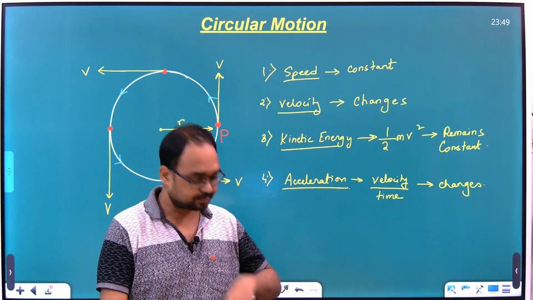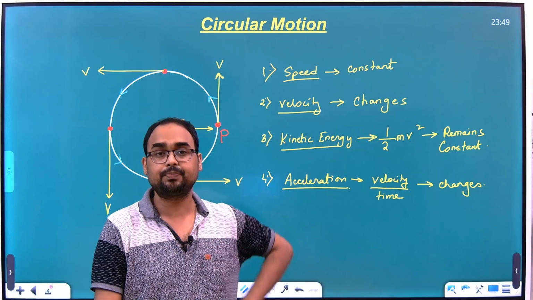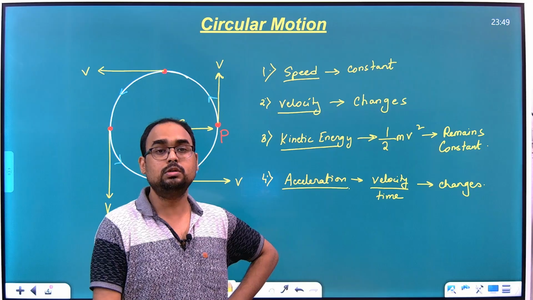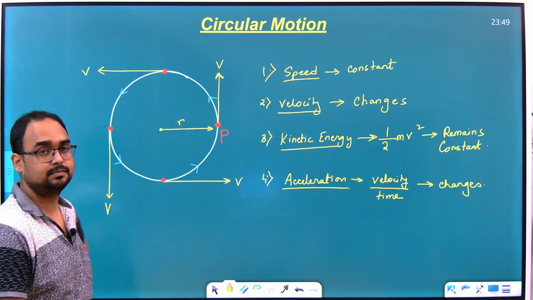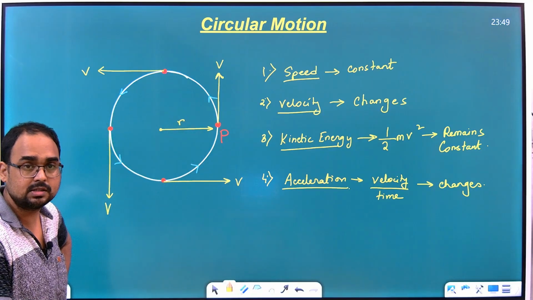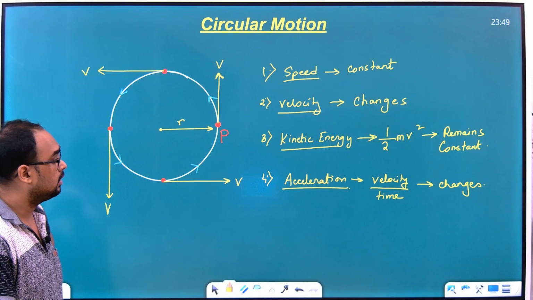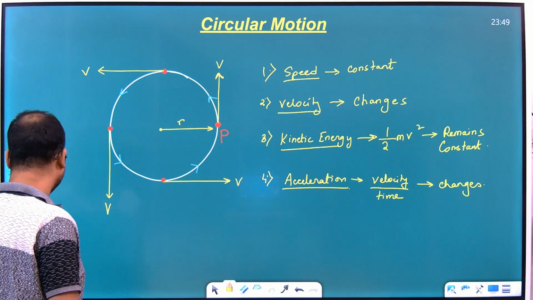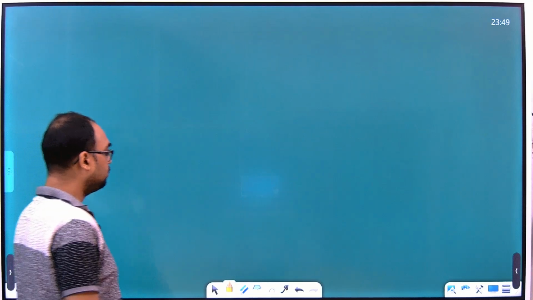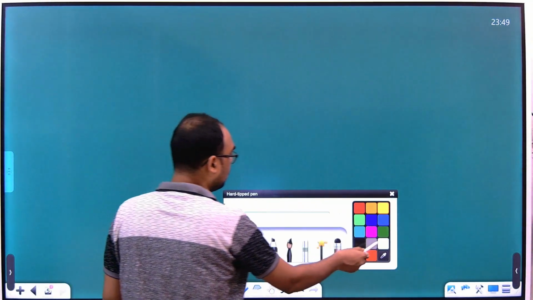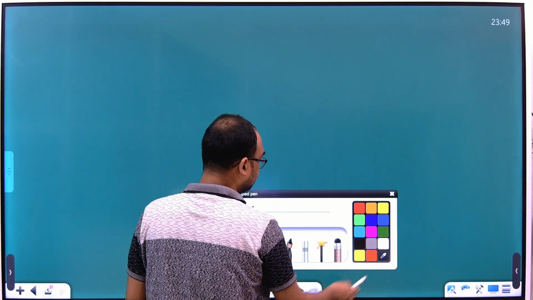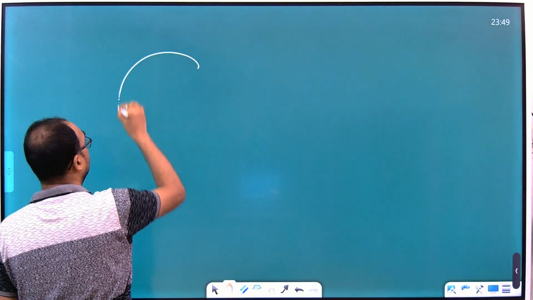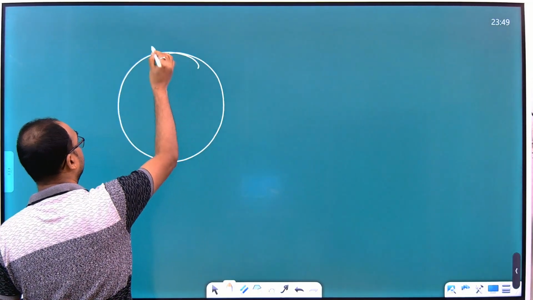Clear? So the four parameters are very important to know the circular motion in a proper way. Everyone go through it once. Okay? Now let's move forward. Let's take that diagram once again.